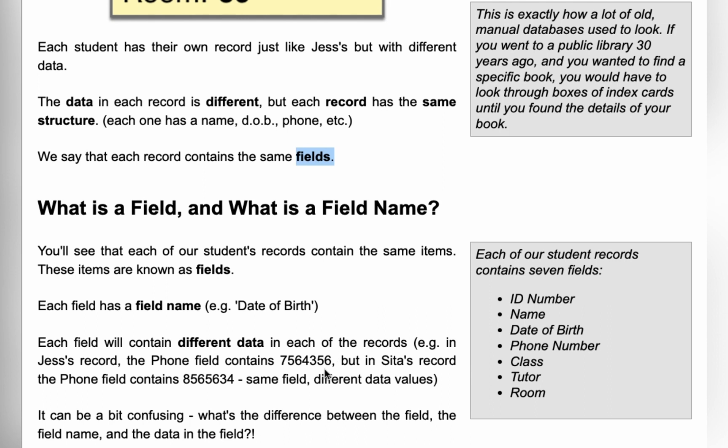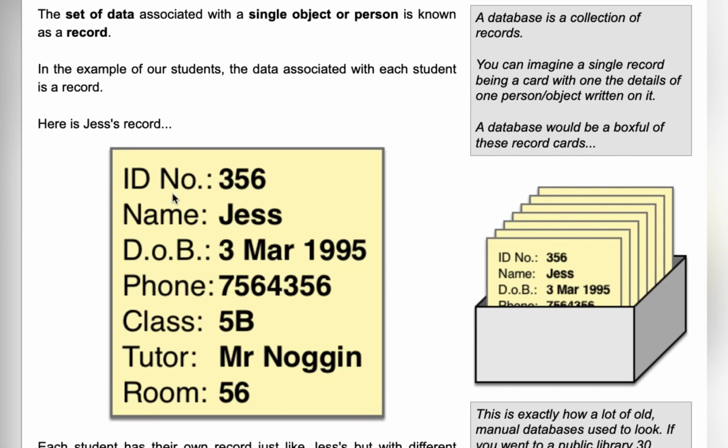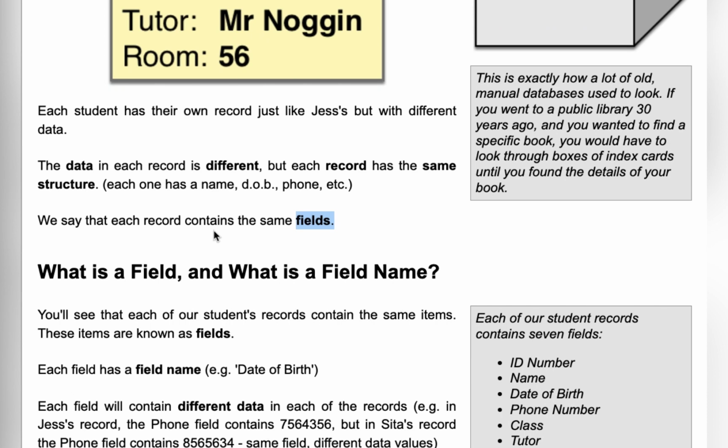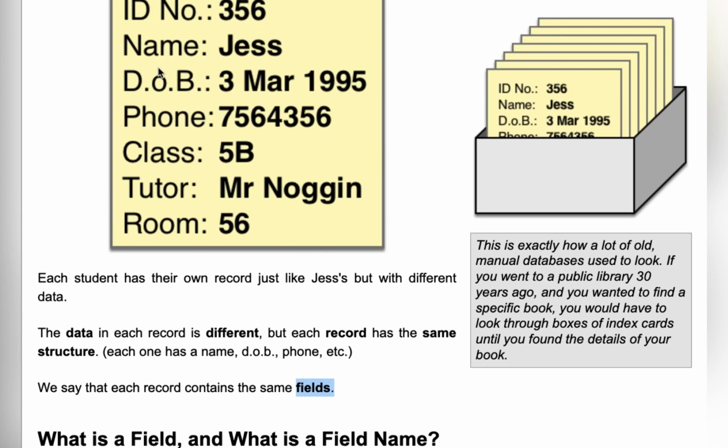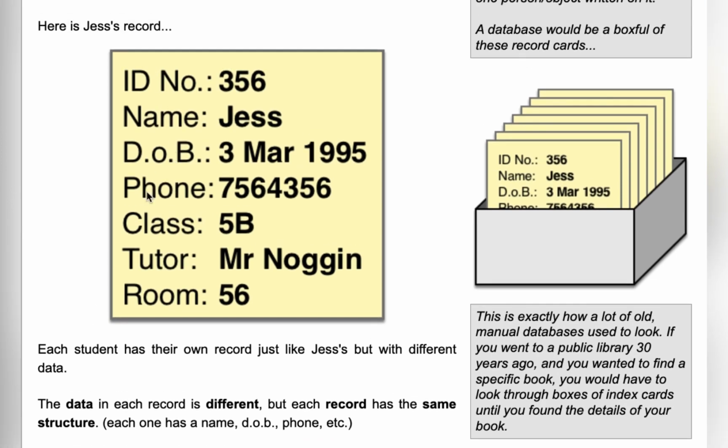Each student's record contains the same items, and these items are known as fields: ID number, name, date of birth, phone number, class, tutor, and room. They all contain the same thing. This name is the general name we use to describe them, since they all contain the same thing.